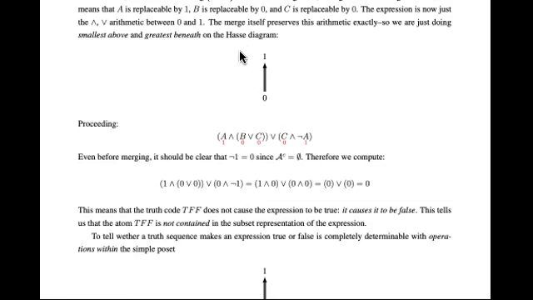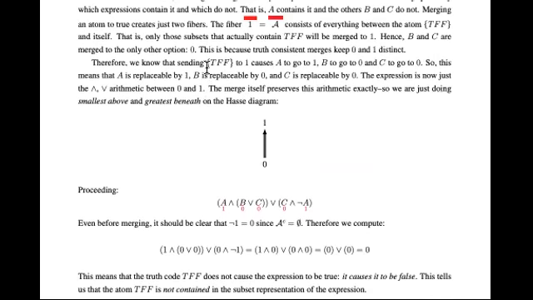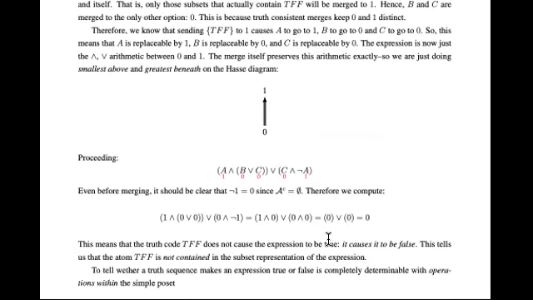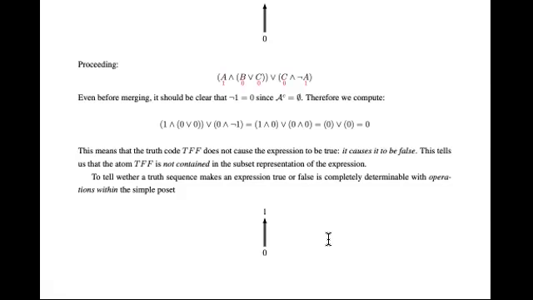We're looking at a simple diagram of 0 and 1, so we're really just doing the operations of and, or between zeros and ones on the simple poset. So we can just work this completely out and see exactly what it is. This tells me that this particular atom that I picked is not in this expression if I get a 0. It has to be equal to 1 if it's going to be in that expression.